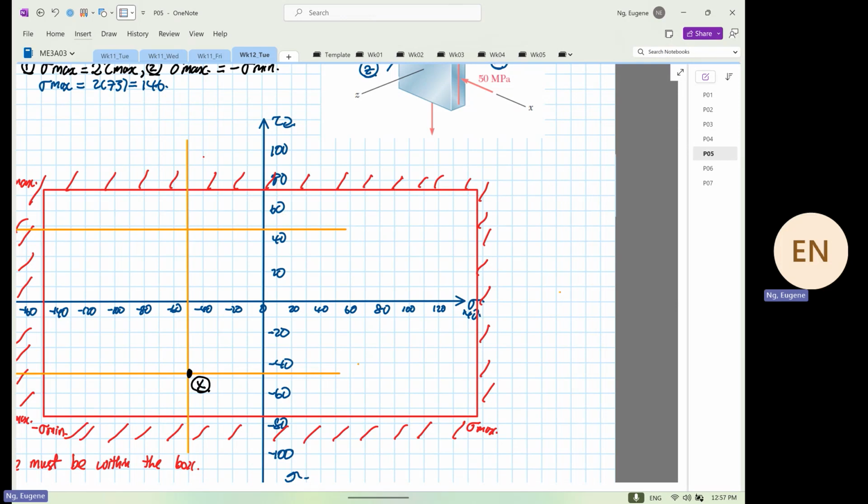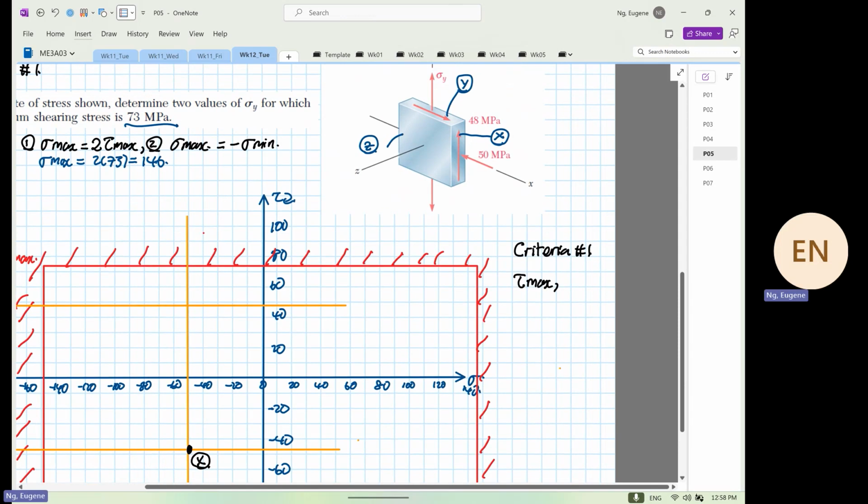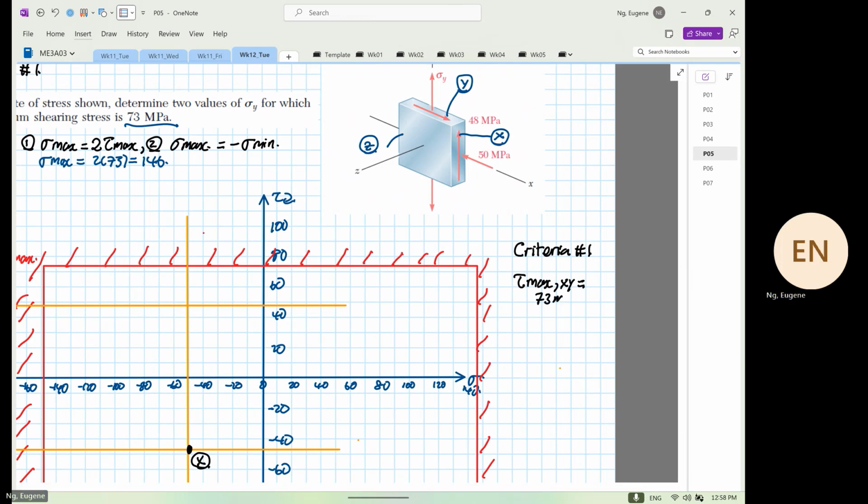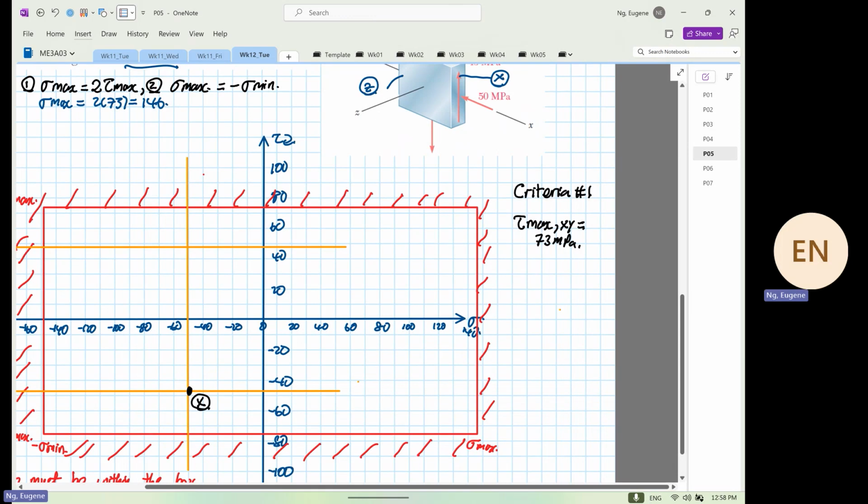We are going to have the criteria. Number 1 is where tau max in the XY plane will be equal to 73 megapascal. Okay. Tau max on the XY plane will be 73 megapascal.